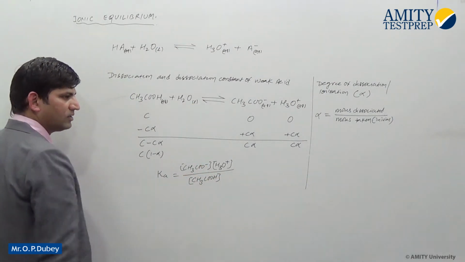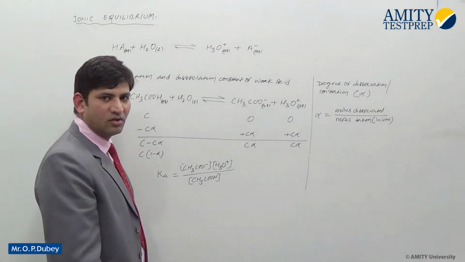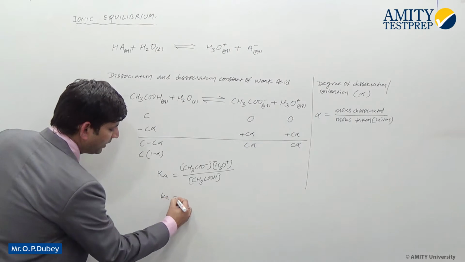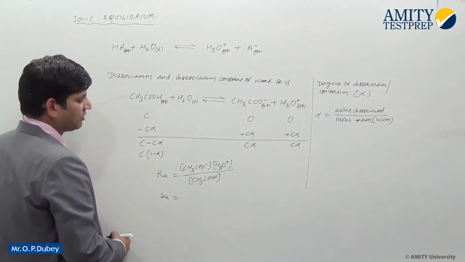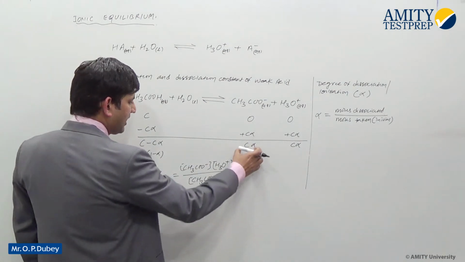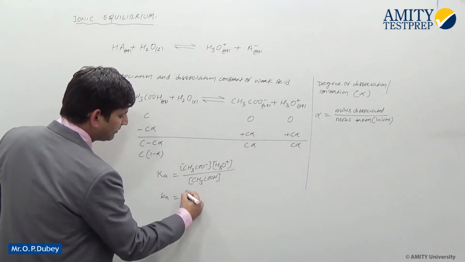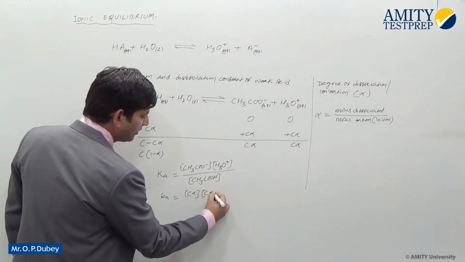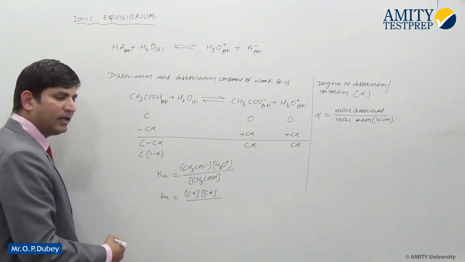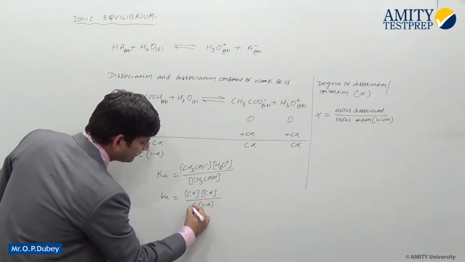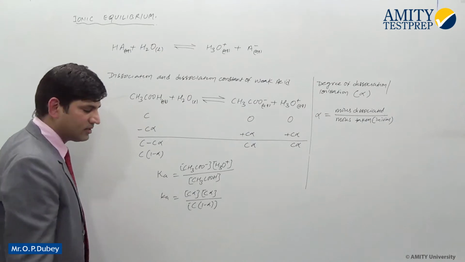Since water is a pure liquid, its activity or concentration is taken to be 1. Now, the concentration of acetate ion at equilibrium is C alpha, the concentration of H plus ion is C alpha, and the concentration of acetic acid at equilibrium is C(1 minus alpha).